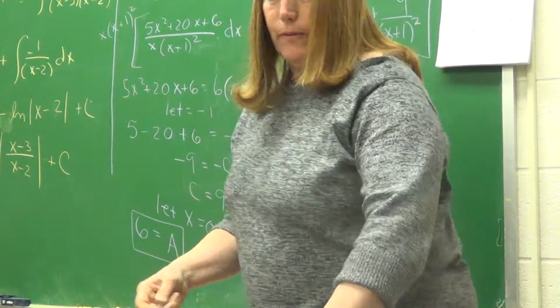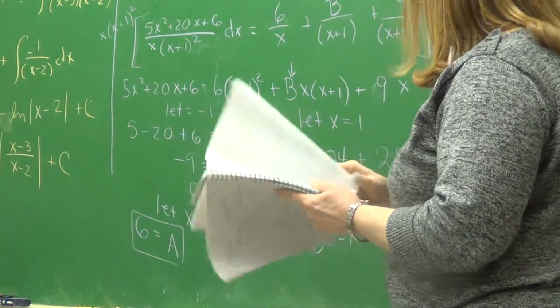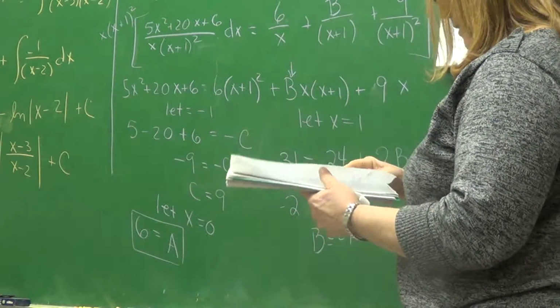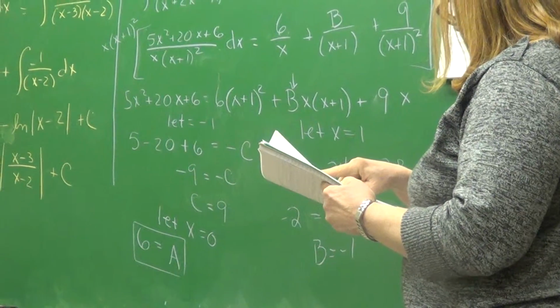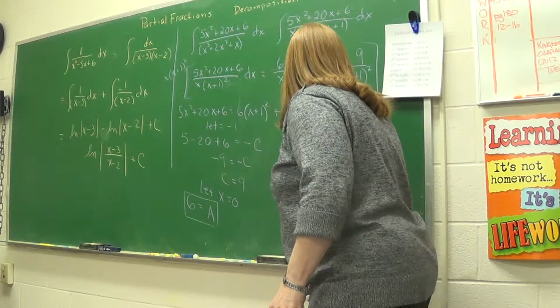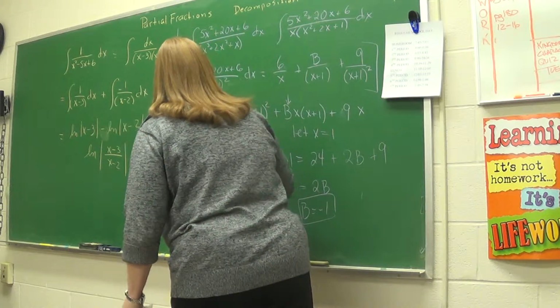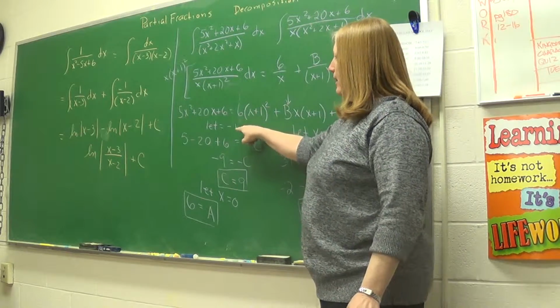Let me check that before I go back to integral land. For this one, we got A is 6. That's correct. C is 9. Correct. And B is minus 1. So we did good. There is no wrong answer for what you let x equal.